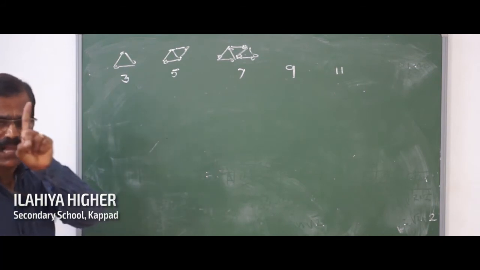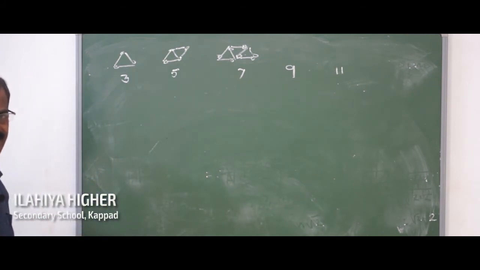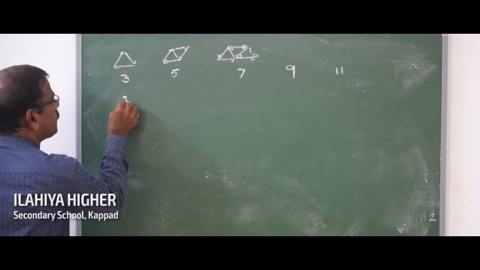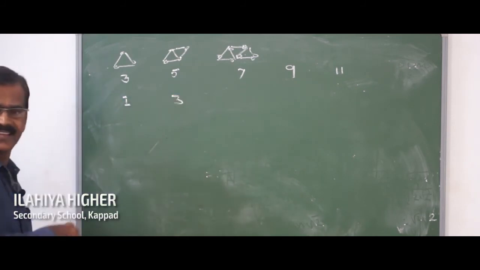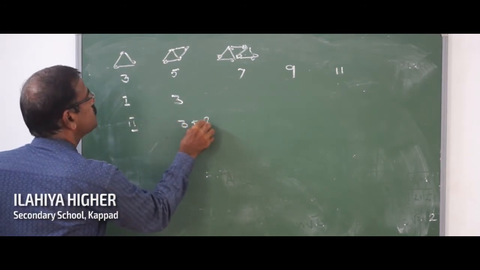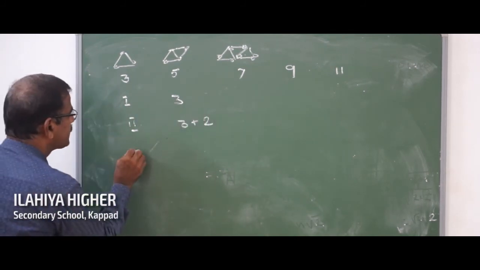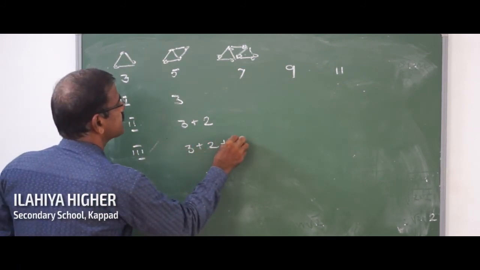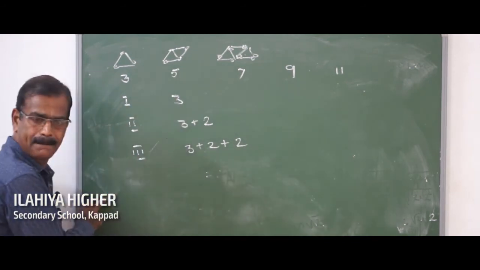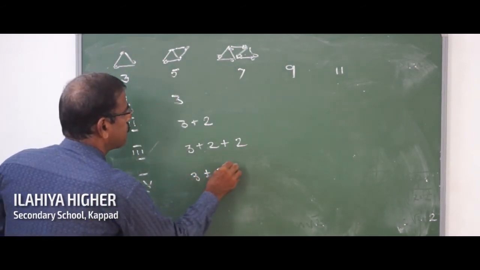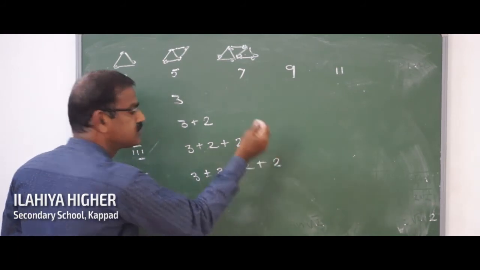Here we want a calculation. See, in order to make the first one, 3. In order to make the second one, 3 plus 2. In order to make the third figure, 3 plus 2 plus 2, that is 7. To make the fourth one, 3 plus 2 plus 2 plus 2.